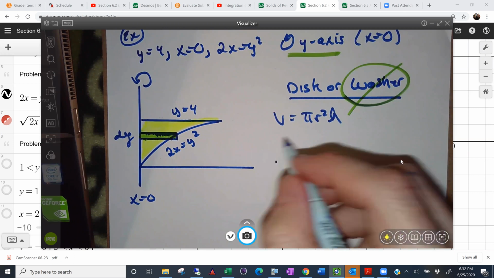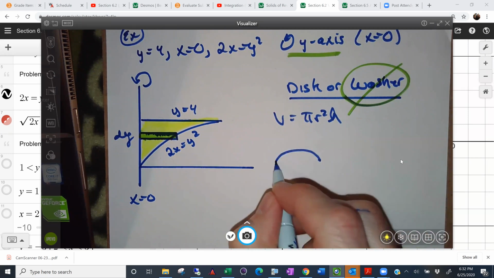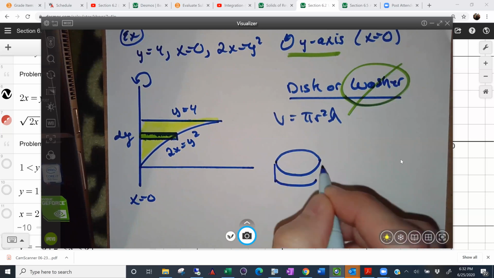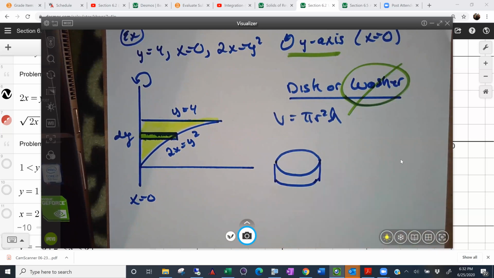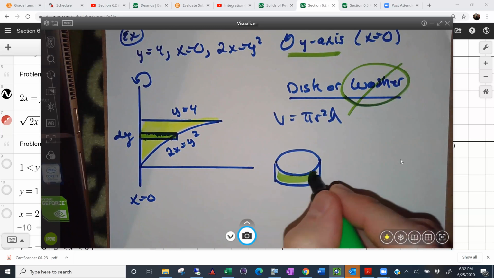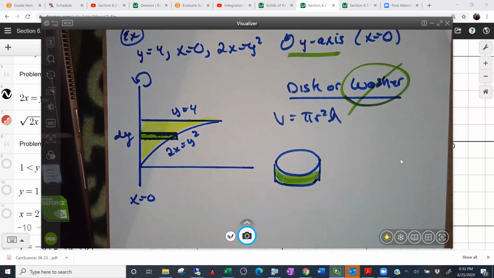So let's draw ourselves a little disc. So there we go. There's our disc, aka hockey puck. And this distance right here, that's your thickness. So your height is going to be your dx, or I mean dy in this case.